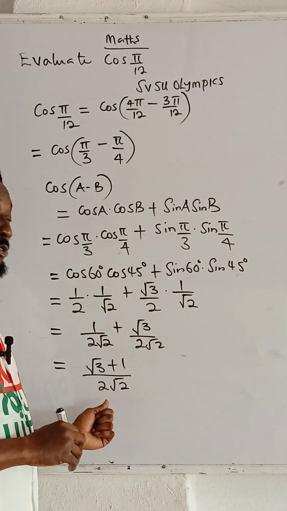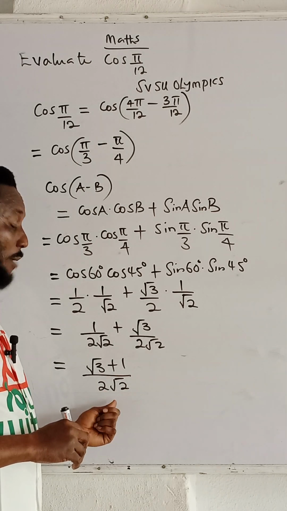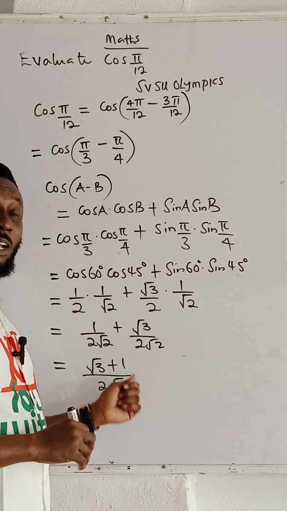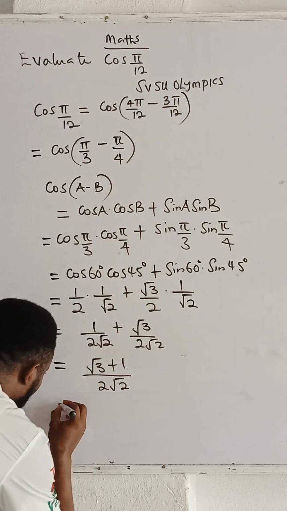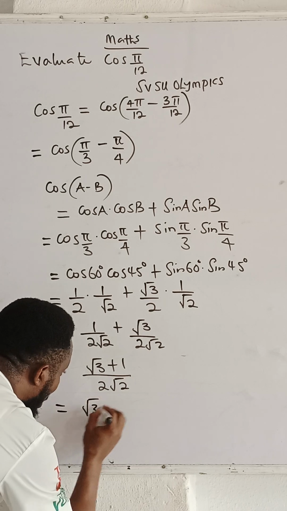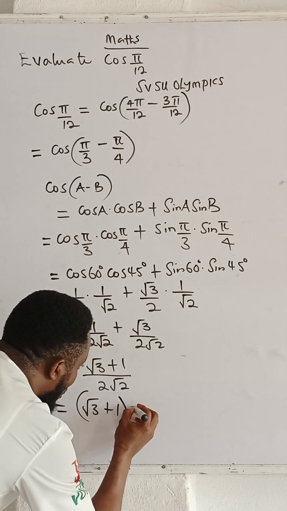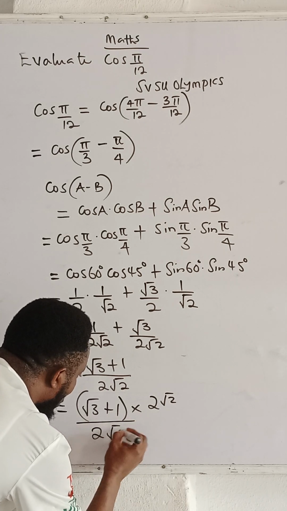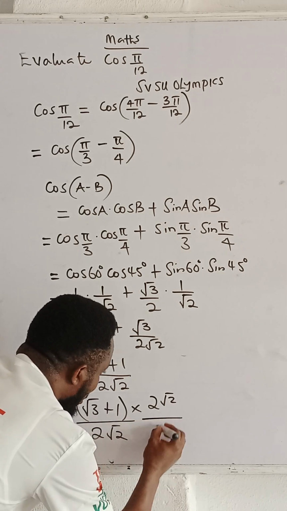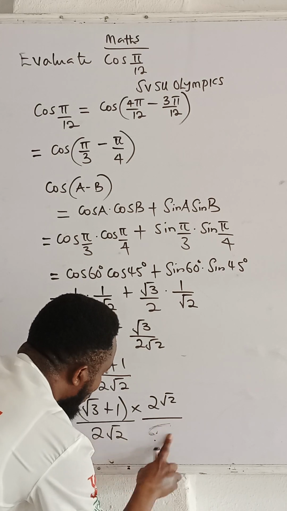So we are going to rationalize this surd by multiplying both the numerator and denominator by 2 root 2. So we are going to have root 3 plus 1 multiplied by 2 root 2 all over 2 root 2.